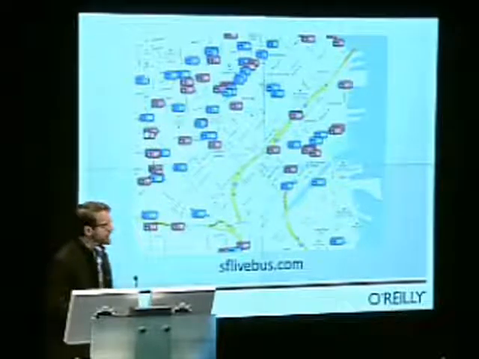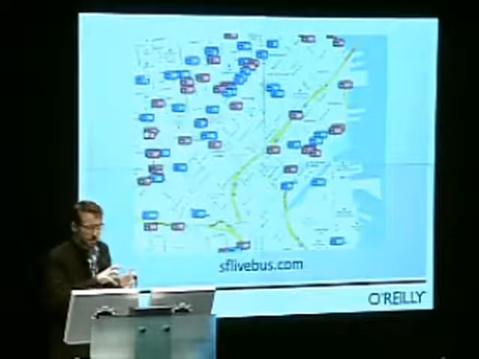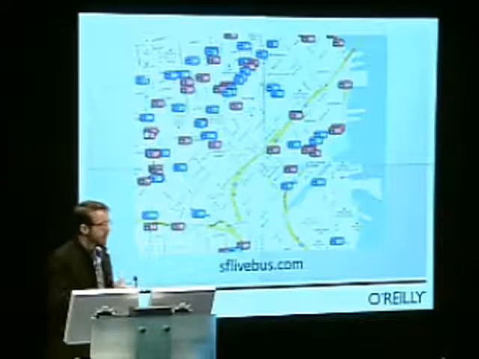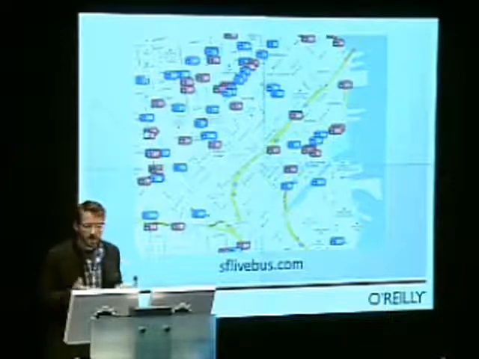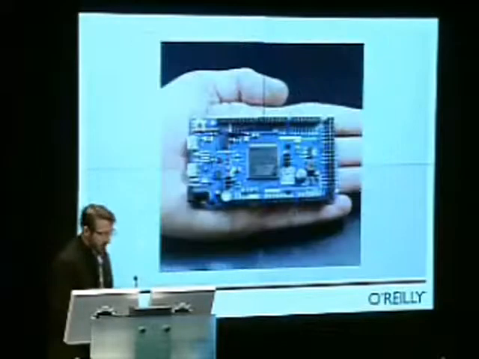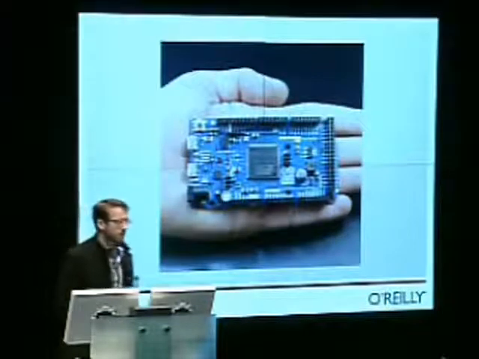So it's very easy to use this sort of abstract modularity to build something without being an expert in the underlying technology. And now that is coming to the physical world.